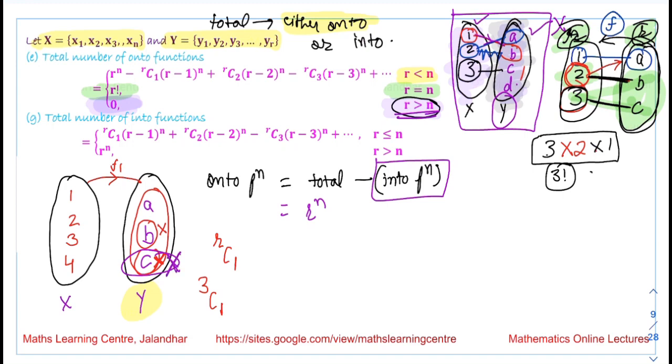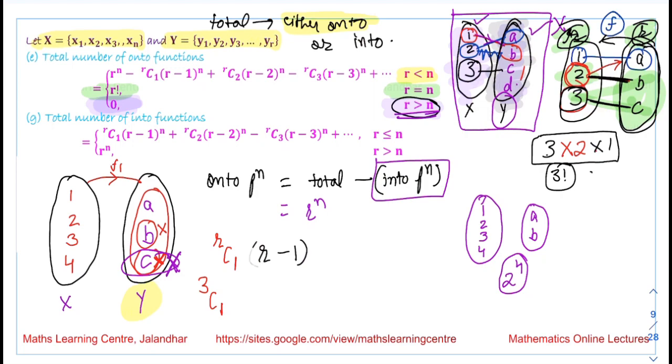What we are left with is a set having elements 1, 2, 3, 4 and another set having the elements A and B. Now how many functions can be formed from this set? 2 raised to the power 4 functions can be formed. It means r minus 1 raised to the power n functions can be formed.